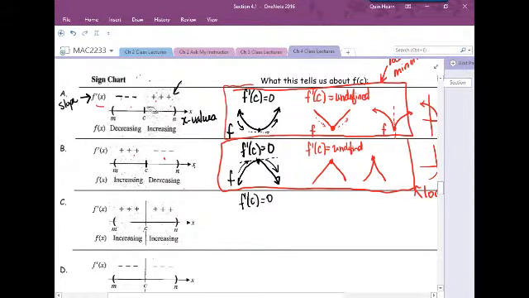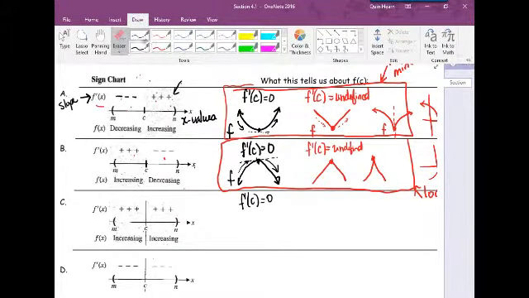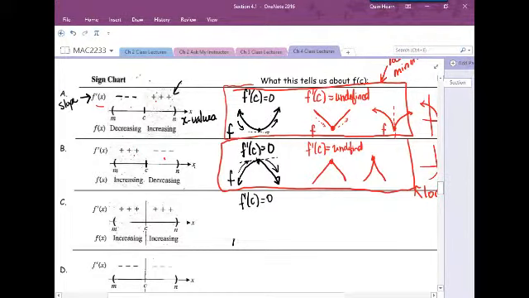Well, if f prime of c is actually equal to 0, then it would look something like it increases and then it just continues. Oop, I did that wrong. Hold on. We want it to flatten out because a slope of 0 means it flattens out. So it's going to increase until it flattens out, and then it's going to start increasing again. So you get a shape like this.